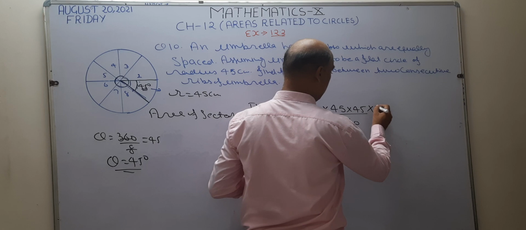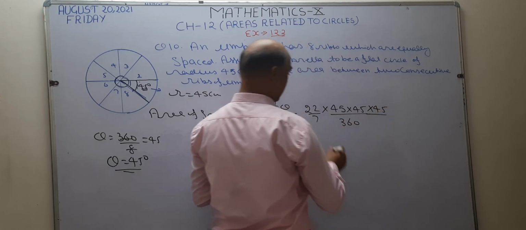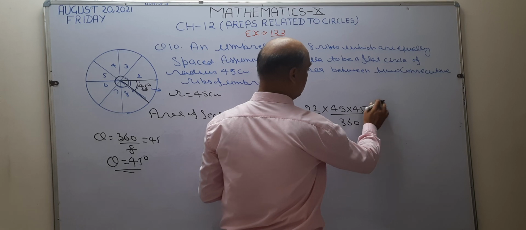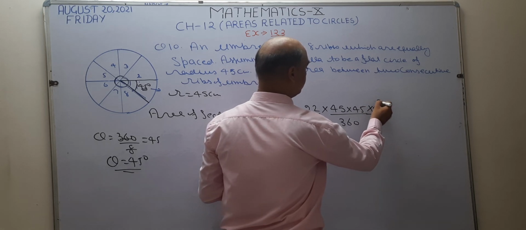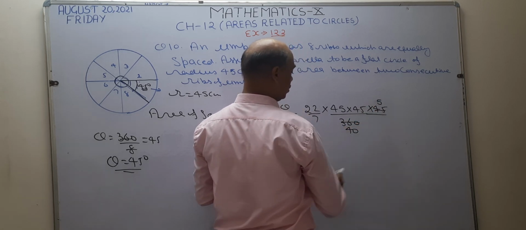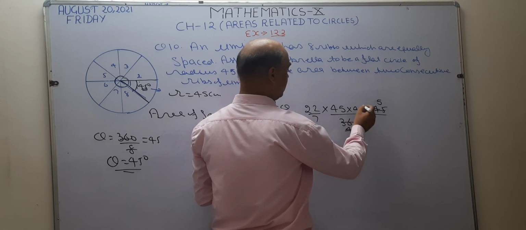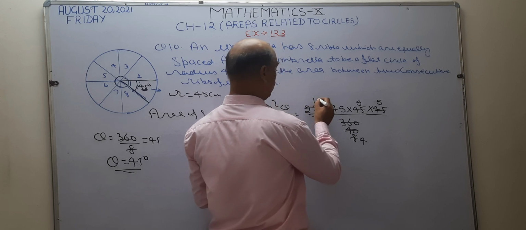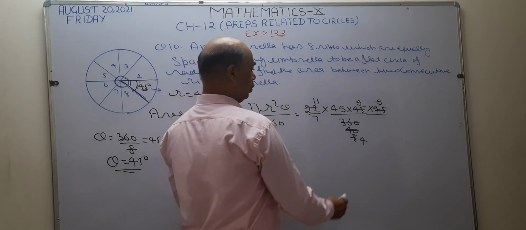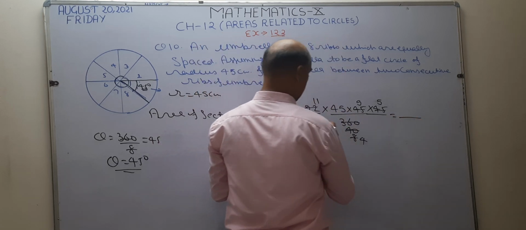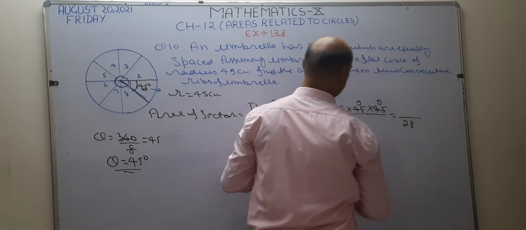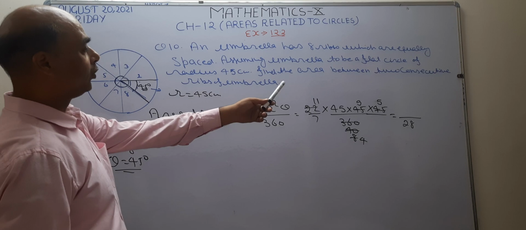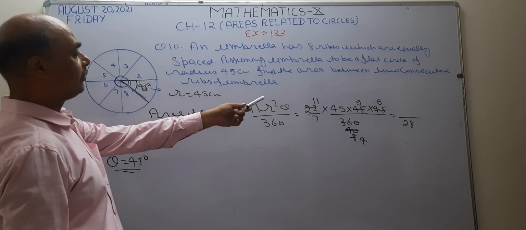So instead of theta I want to write 45. So write here 45. Now I want to cancel this one by one, starting with this number. 9 5s are 45 and 9 4s are 36, 0 is remaining. 5 9s are 45, 5 8s are 40. Now 2 4s are 8 and this is going to cancel with the denominator. Now in the denominator 7 4s are 28. Now what is left in the numerator? 9 5s are 45, 45 into 45 and multiply it by 11.